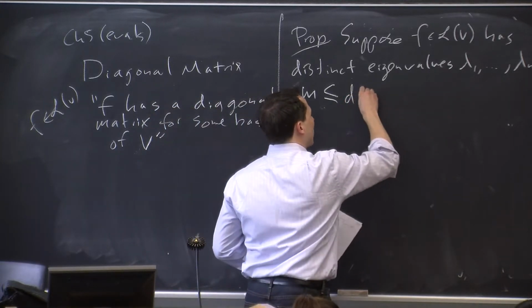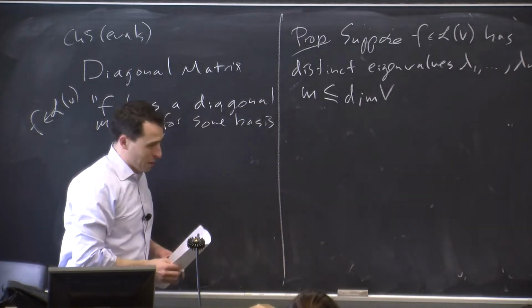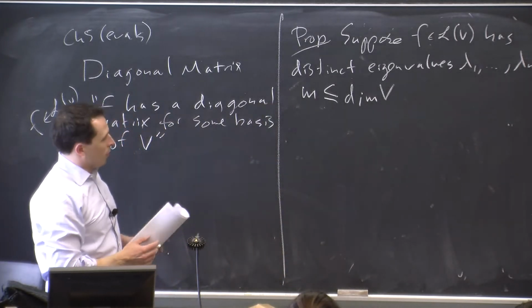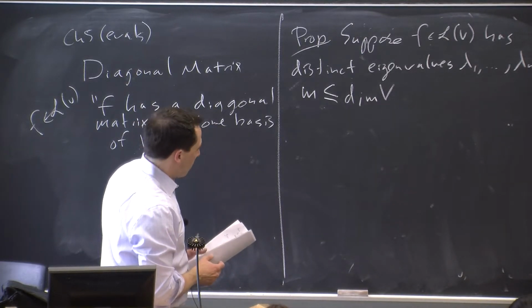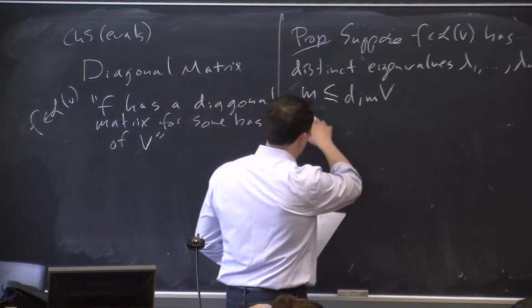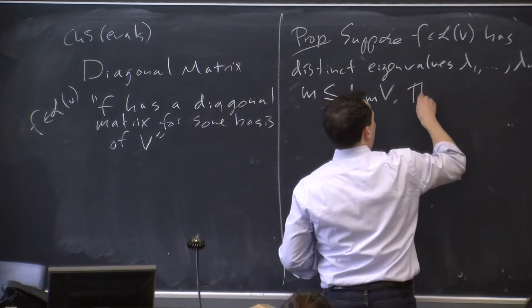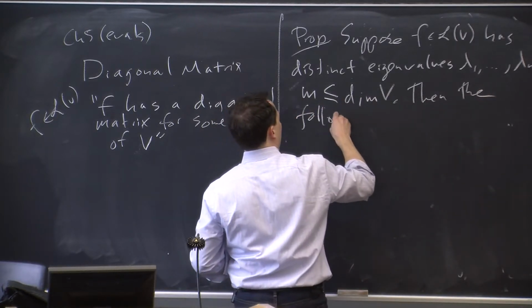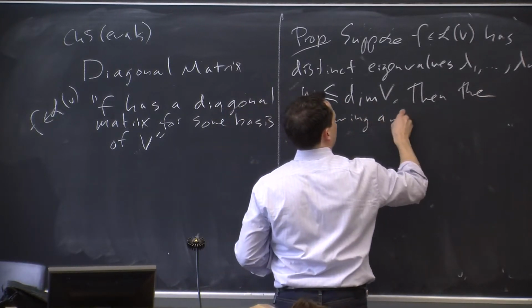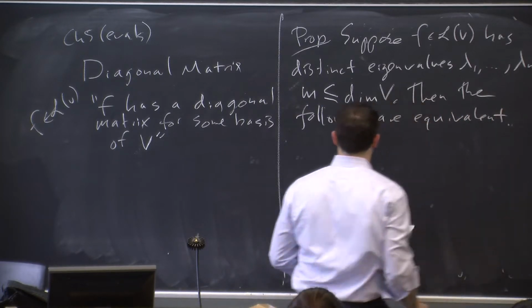We're just saying however many eigenvalues it has, which is between 0 and the dimension of V. That's just a list of the values. Then the following are equivalent.